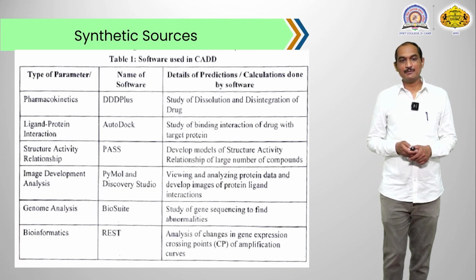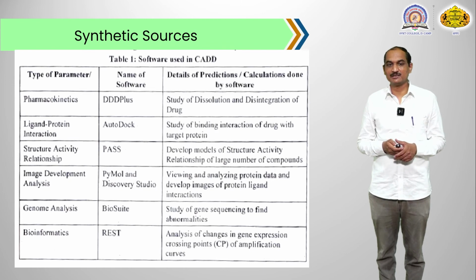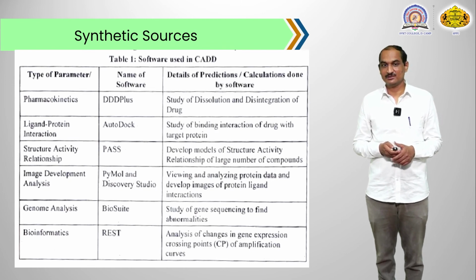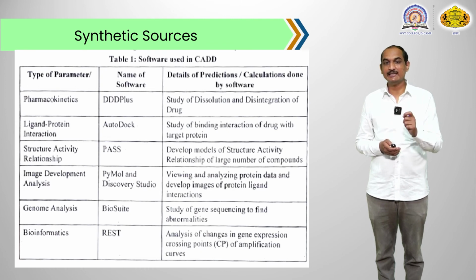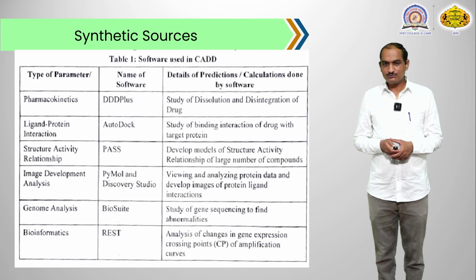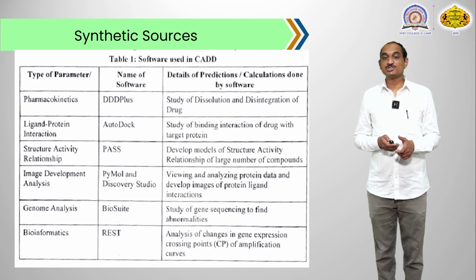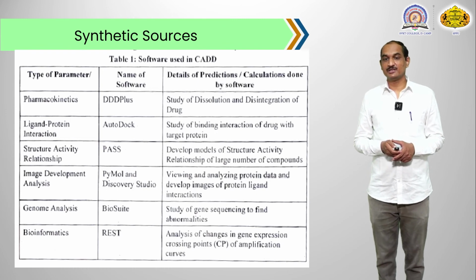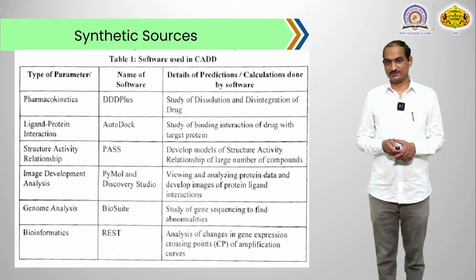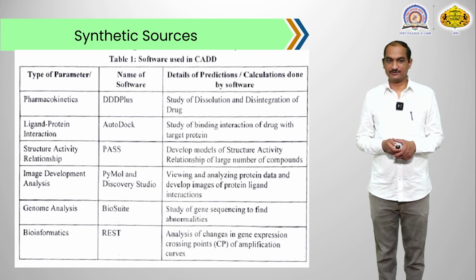The first parameter is pharmacokinetics. This parameter is studied by the software DDDPlus, and from this software we can predict or calculate the study of dissolution and disintegration of drugs.